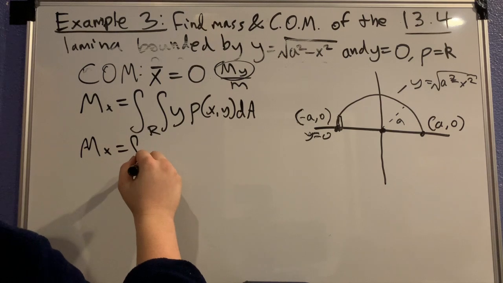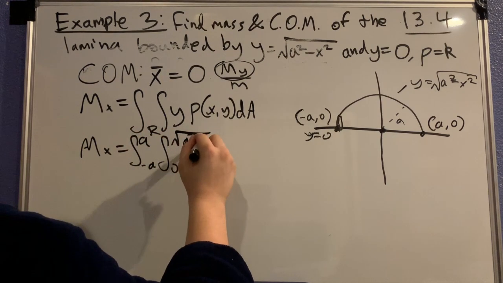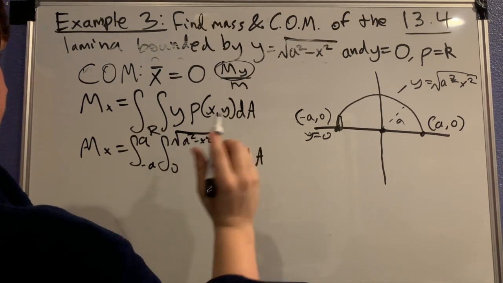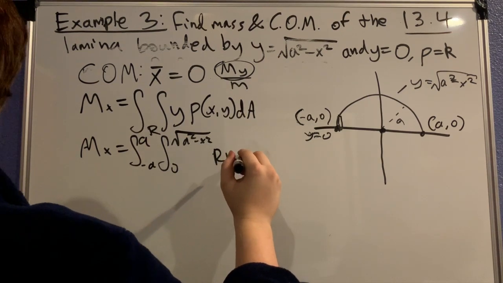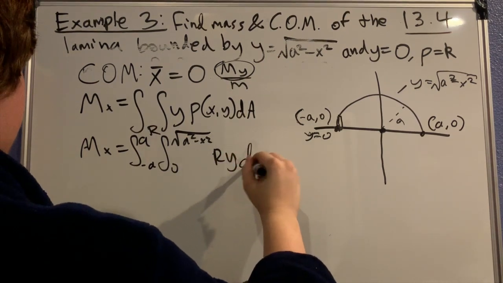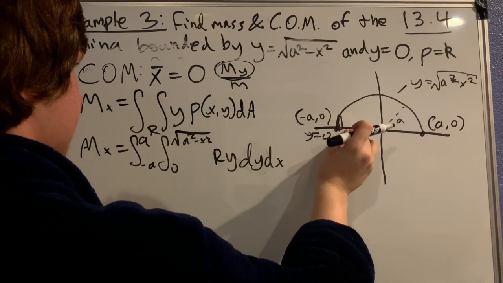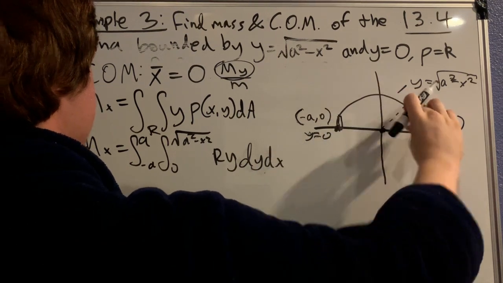So it would be from negative a to a, from 0 to the square root of a squared minus x squared, of ky dA, or ky dy dx, because we're taking little dx's and finding dy's along the whole thing.